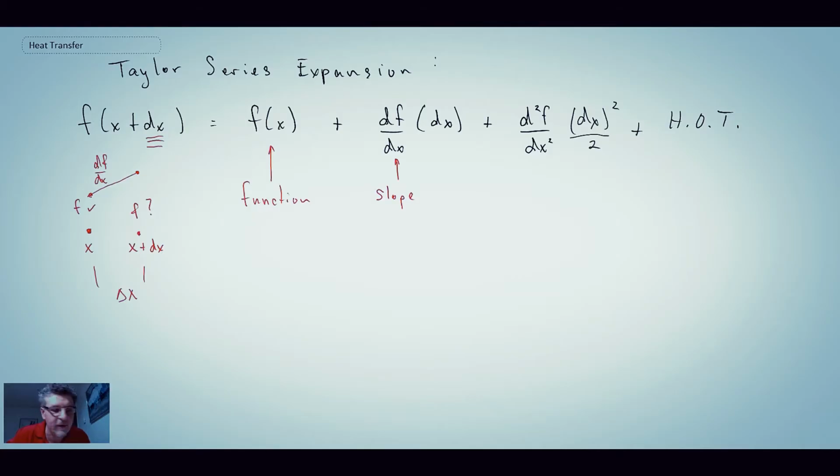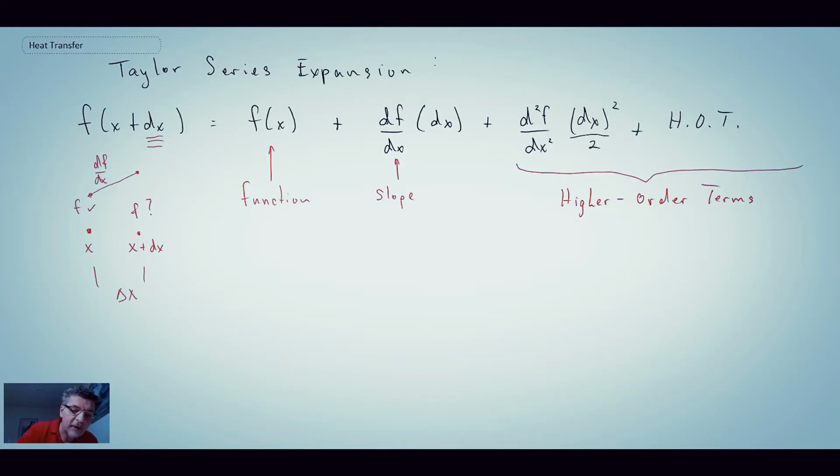So that's essentially a linear extrapolation. And then higher up, we have what we call higher order terms. We're going to neglect those in the analysis we're doing here, but if you wanted to do a more precise analysis, you would carry those.